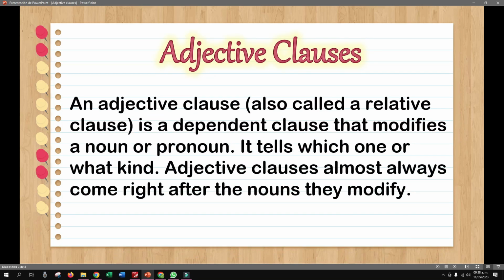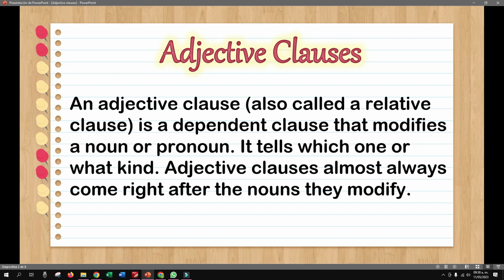An adjective clause, also called a relative clause, because you use relative pronouns to write those clauses, is a dependent clause that modifies a noun or pronoun. It tells which one or what kind, right?